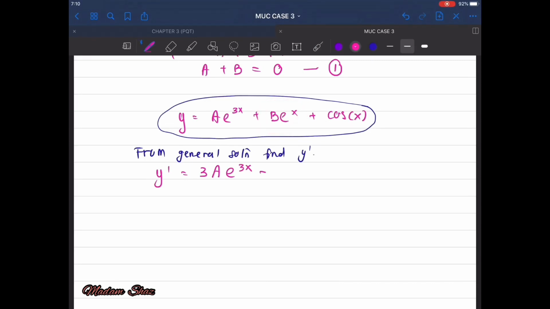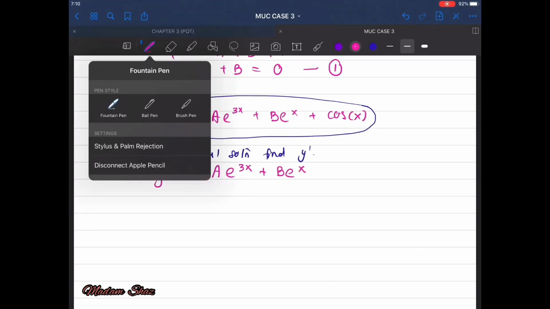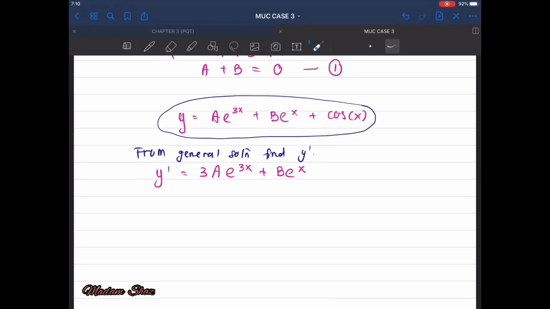B exponent x will become plus B exponent x. Differentiate cos will become what? Okay, you have D, you have I. Differentiate sine becomes cos, cos becomes negative sine. So differentiate cos, cos will become negative sine. So negative sine x. We differentiate argument x will become 1 at the front of sine.